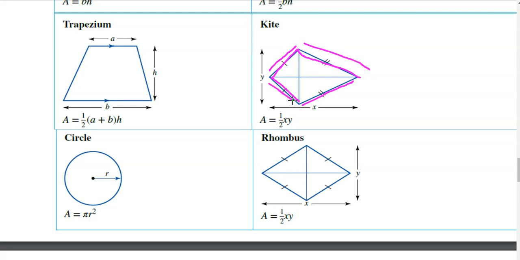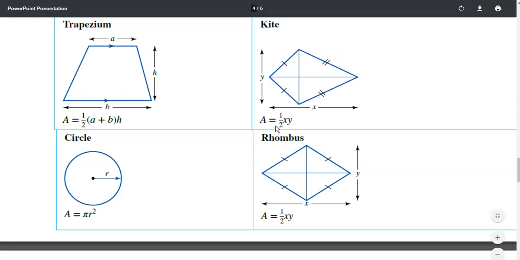Plus, this length here and this length aren't parallel, okay? And the formula for that guy is a half x times y. X is the distance across the middle here, from the top to the bottom of the kite, and y is this distance here, from this point to this point, okay?